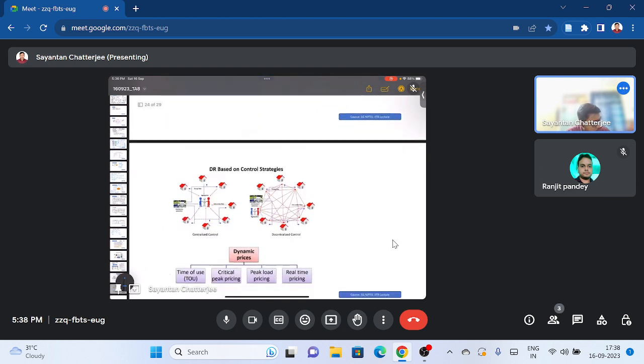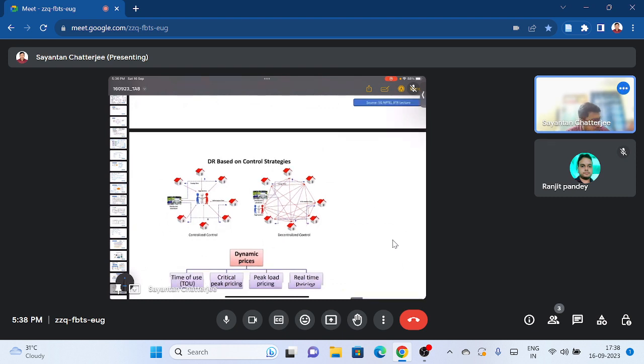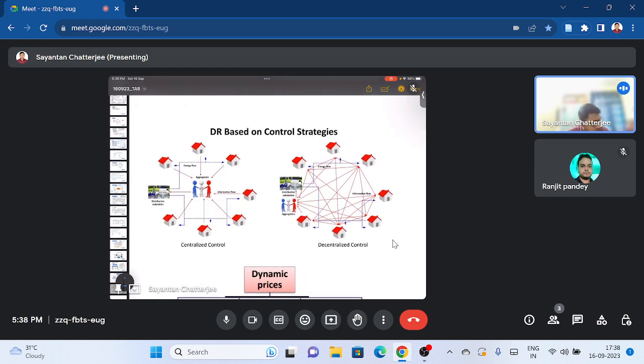Now, based on the control strategies, we can observe that a centralized control scheme can be deployed, where each and every house customer informs the aggregators about their role in the demand response program.